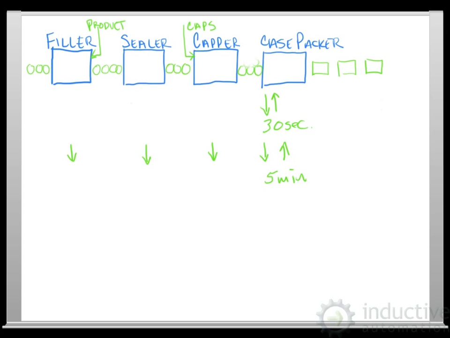Now the filler's down. We're absolutely producing no product on the line. That we're very interested in. And at that point, that becomes line downtime. This we want to track. Very important we track that.